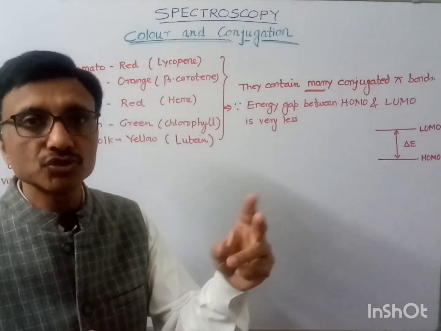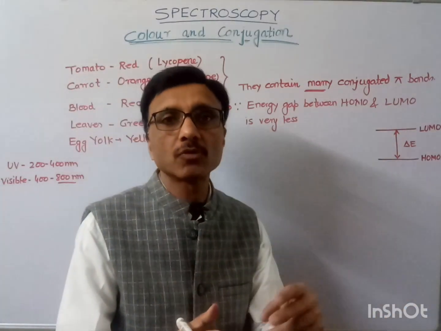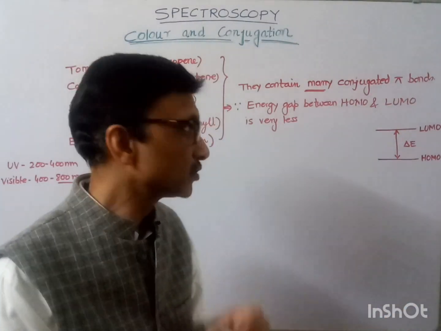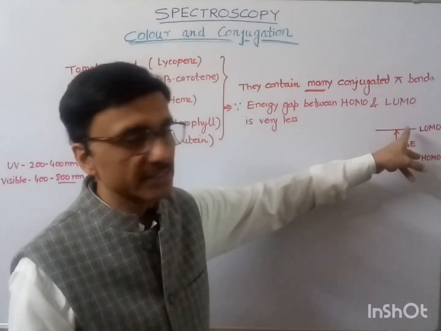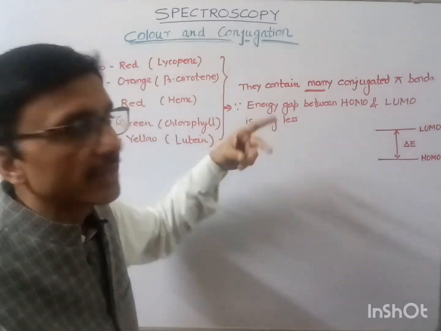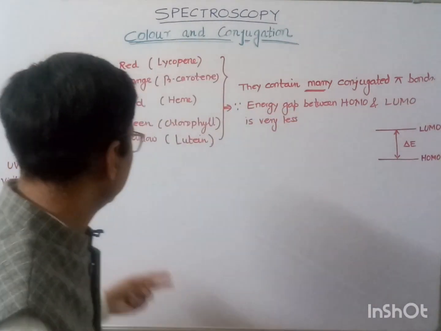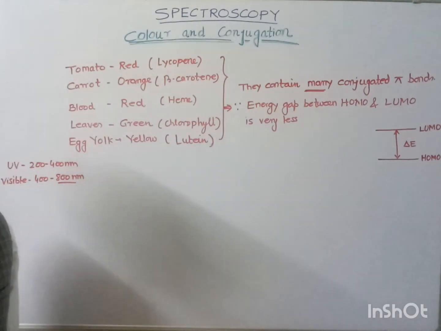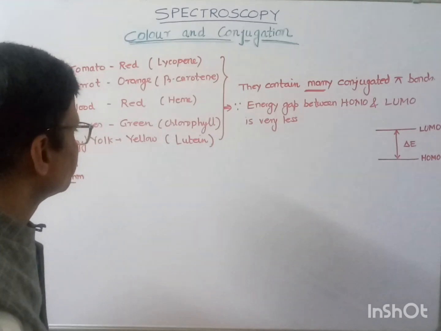If one more conjugated pi bond, it decreases more. If one more conjugated pi bond, it decreases more. So as the conjugation increases, the energy gap decreases. If the energy gap decreases, it will absorb higher wavelength of light, which falls under the visible region of the electromagnetic spectrum. So this is the reason.